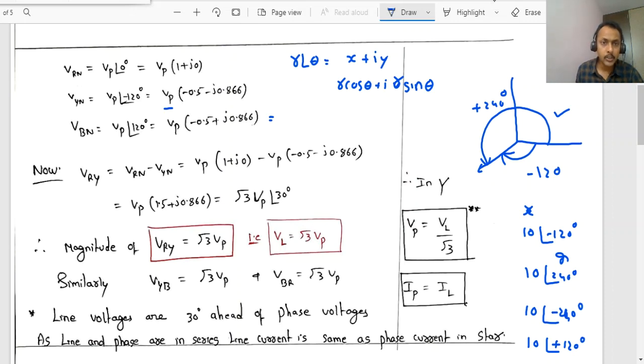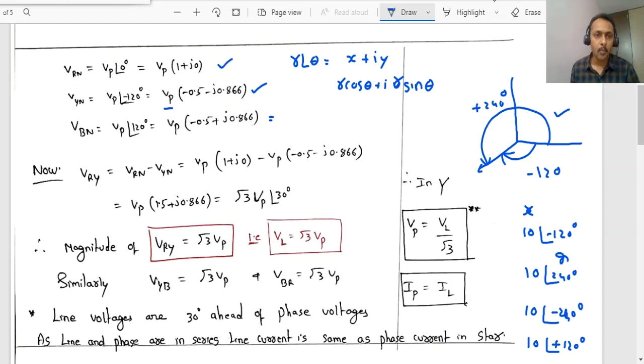Cos minus 120 degrees equals minus 0.5, and sine minus 120 degrees is equal to minus 0.866. That is the reason why when we convert this polar into rectangular, we will get this equation. Similarly, phase voltage at an angle 120, polar form, write it in the rectangular form.